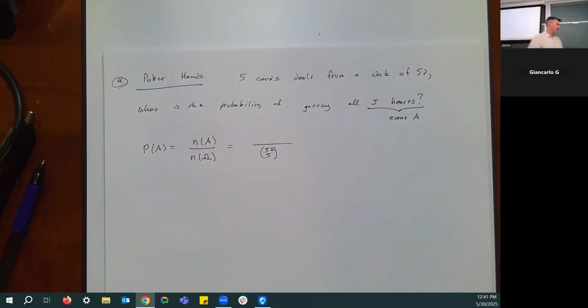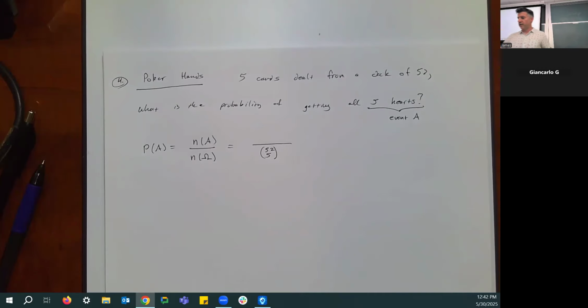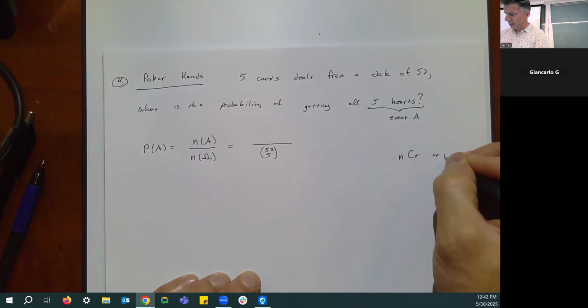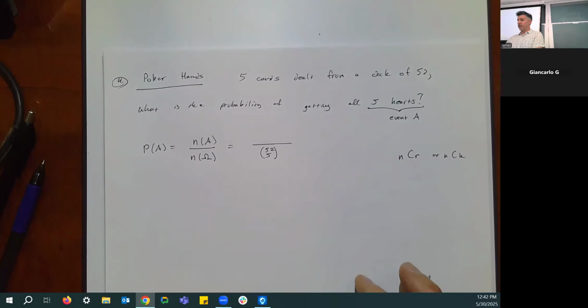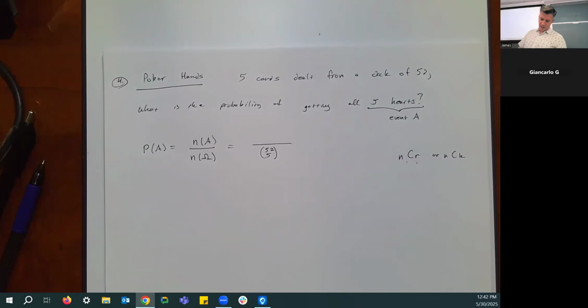So that reminds me of something though. In case you're curious, let me look and see. Does this calculator have that button? Some calculators do have a button for this function. It usually looks something like NCR or NCK. That's N choose R. I feel like it's on this calculator somewhere, but I do not see it.